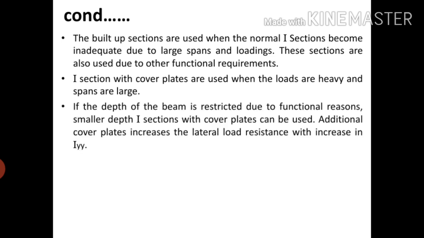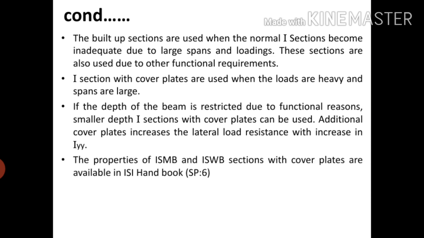If the depth of the beam is restricted due to functional reasons, smaller depth I sections with cover plates can be used. Additional cover plates increase the lateral load resistance with an increase in Iyy, that is the moment of inertia about the YY axis.